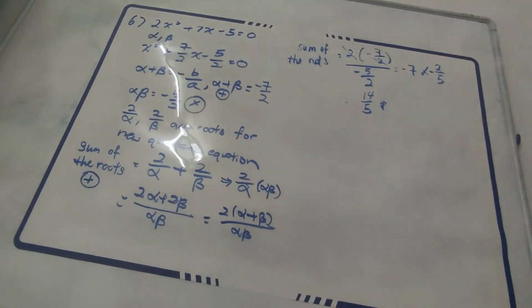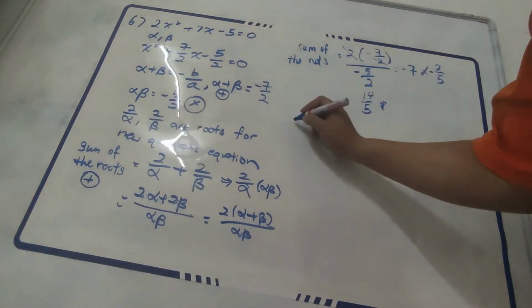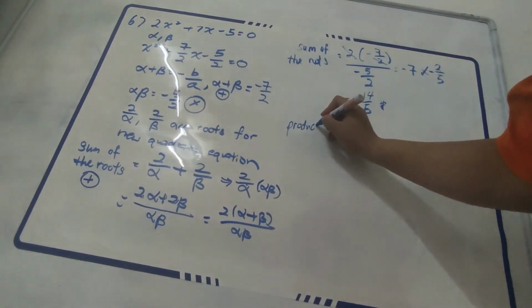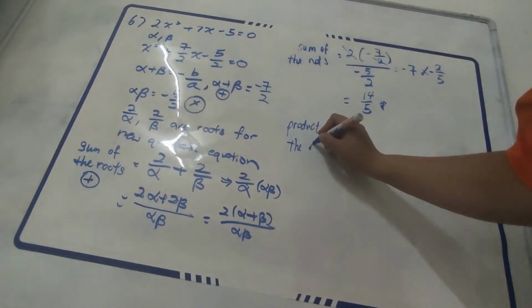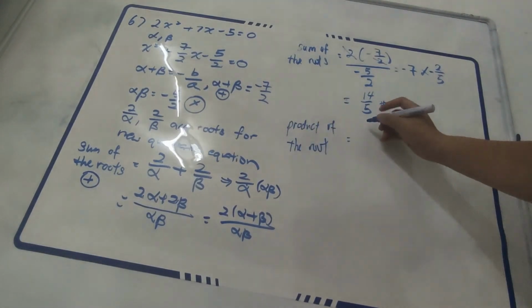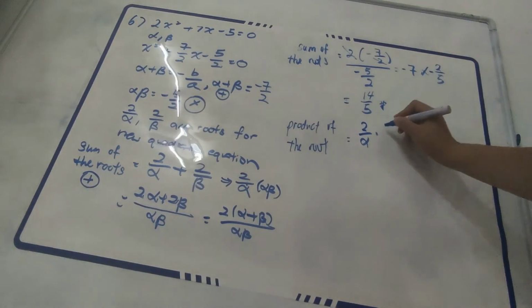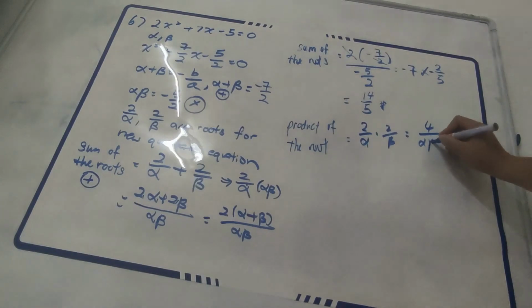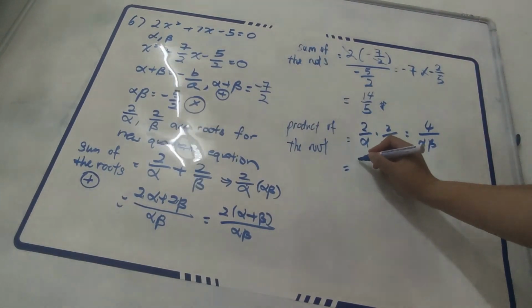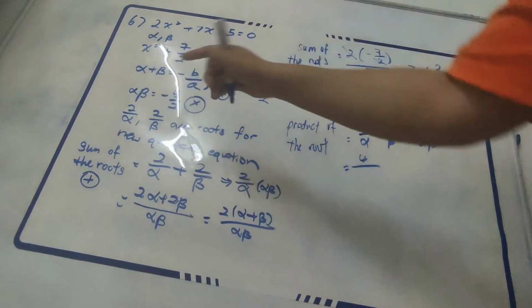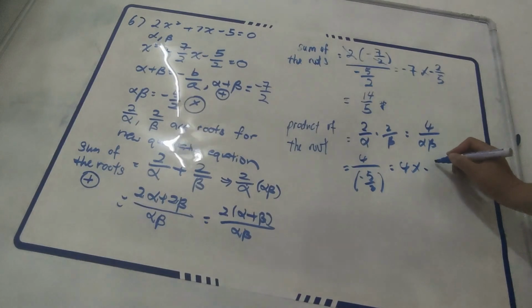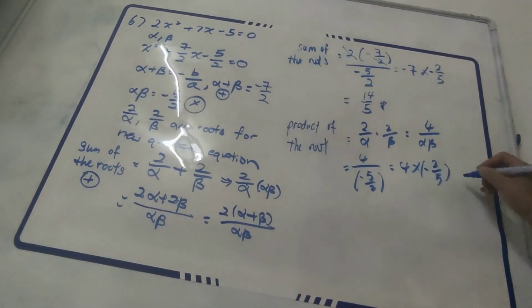And then for the product of the roots, it equals 2 over alpha times 2 over beta, which equals 4 over alpha beta. So it also equals 4 divided by minus 5 over 2, so 4 times minus 2 over 5, inverting it. So you get minus 8 over 5.